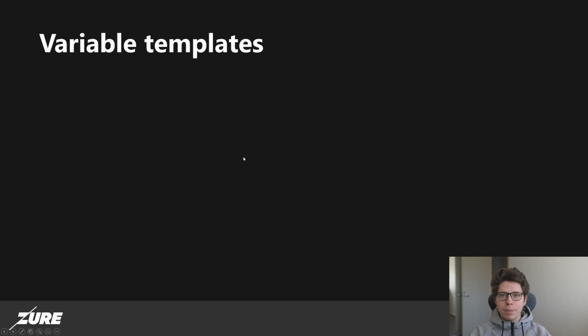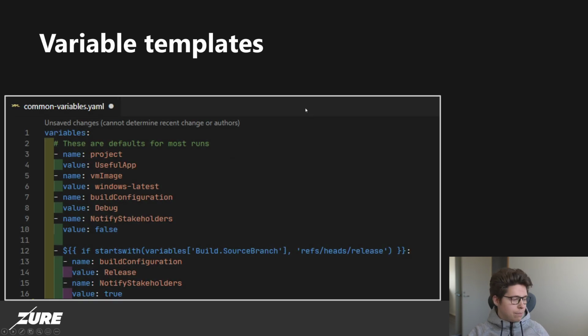The same thing can be done with variables as well. So basically, we have a common variables file. We specify some default variables for ourselves. In this case, a project name, VM image, build configuration, and also notify stakeholders, which has a value of false.